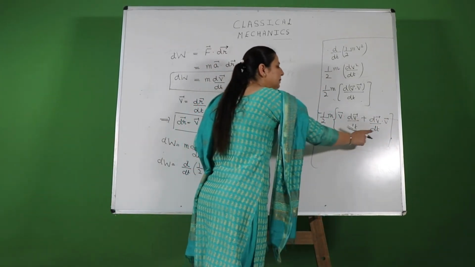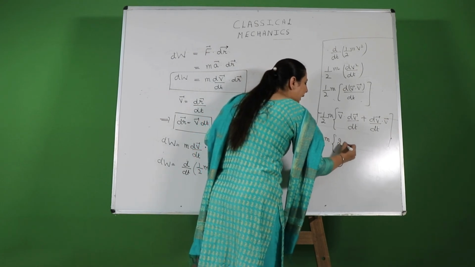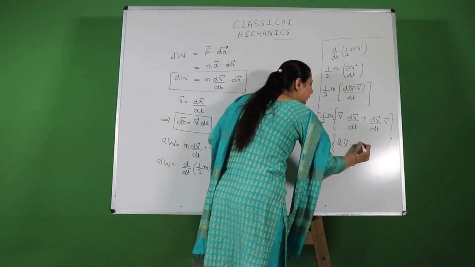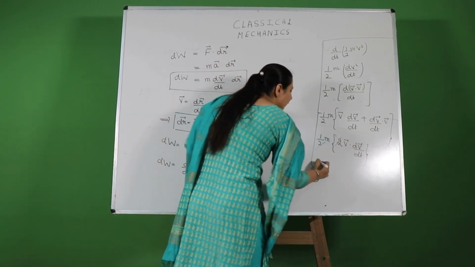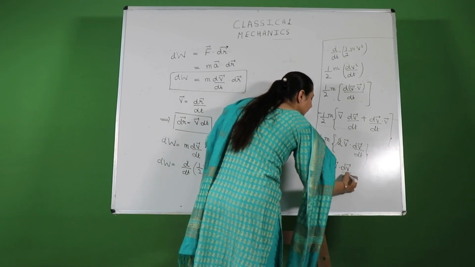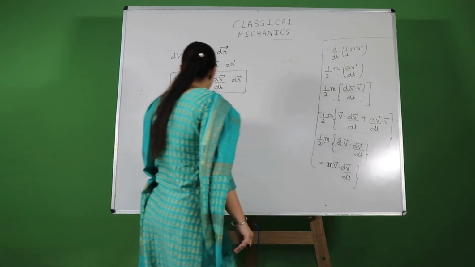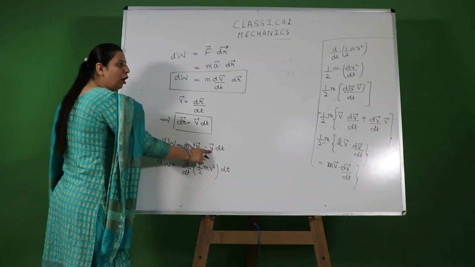So these two terms are the same. So this becomes 1 by 2m, 2 times v dot dv by dt. 2 and 2 get cancelled. I will be left with m dv by dt dot v, which is my same expression.